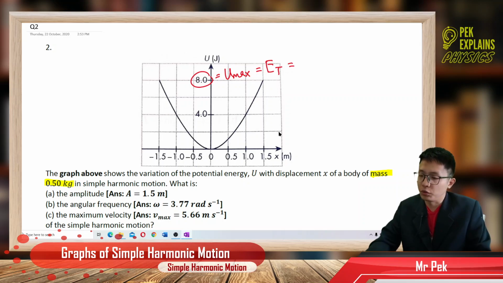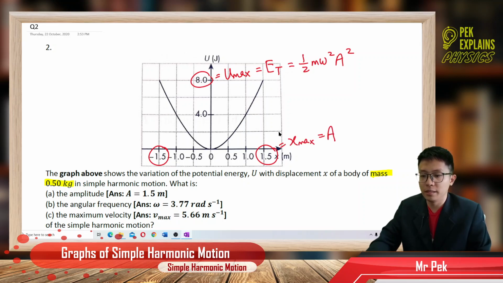The formula for total energy is half m omega square amplitude square. And then the next one is the amplitude. This is actually the maximum displacement. When displacement is maximum, it is the amplitude. Okay, and this is the negative amplitude.